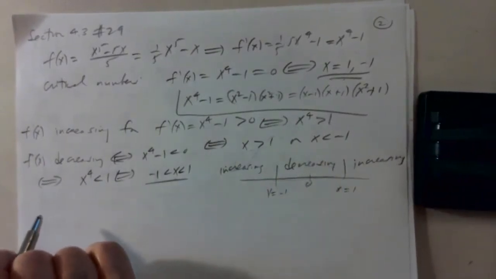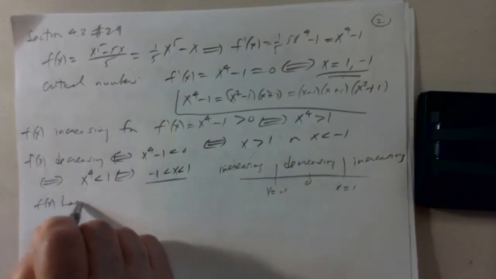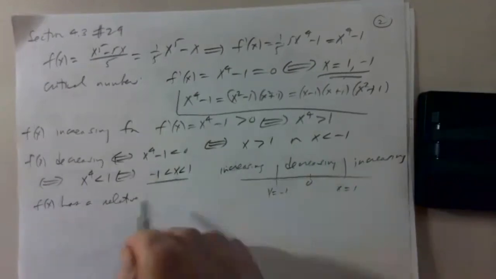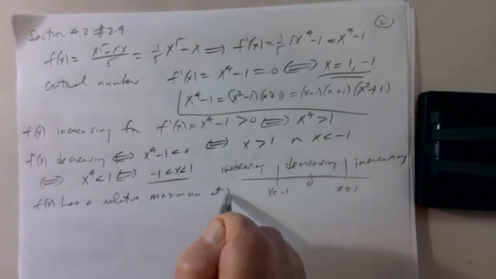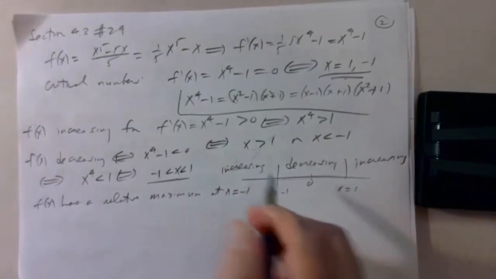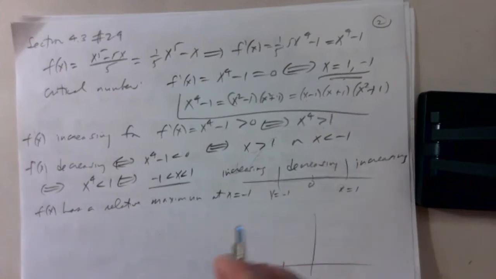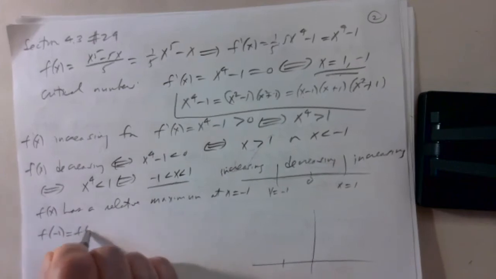And if we want to sketch this, f of x has a relative maximum at x equal -1. Well, if the function is going up, what is the value of f at -1 or at +1?